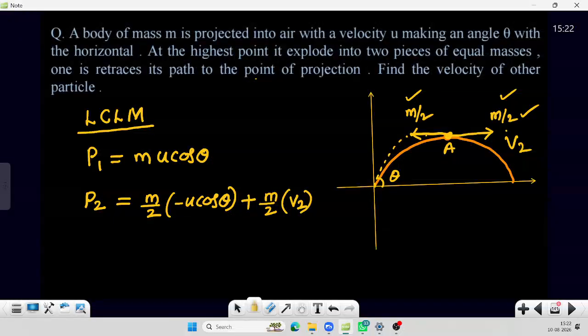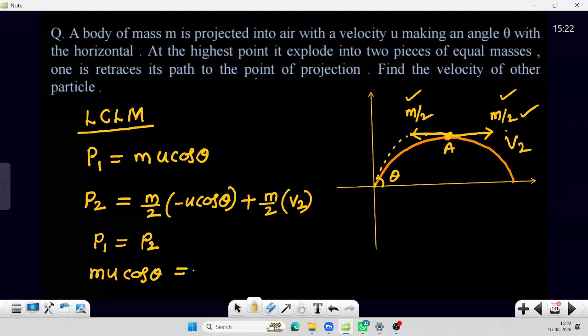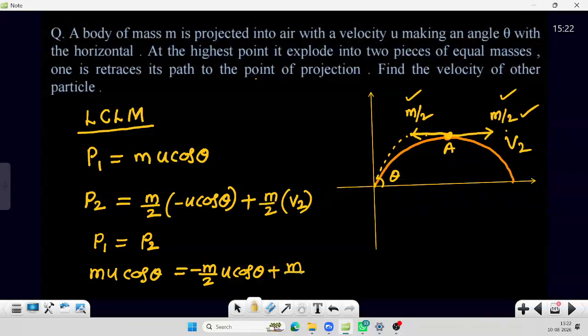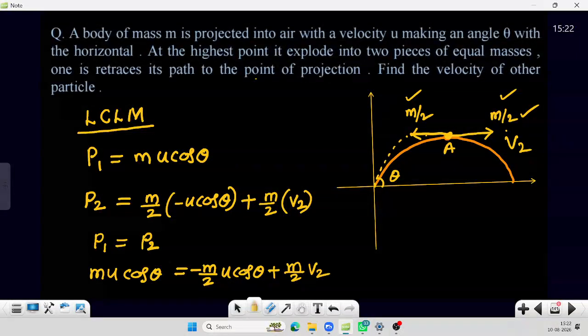Now apply the law of conservation of linear momentum: total initial momentum equals total final momentum. So m u cos theta equals minus m by 2 u cos theta plus m by 2 into v2. Simplify and get the value of v2.